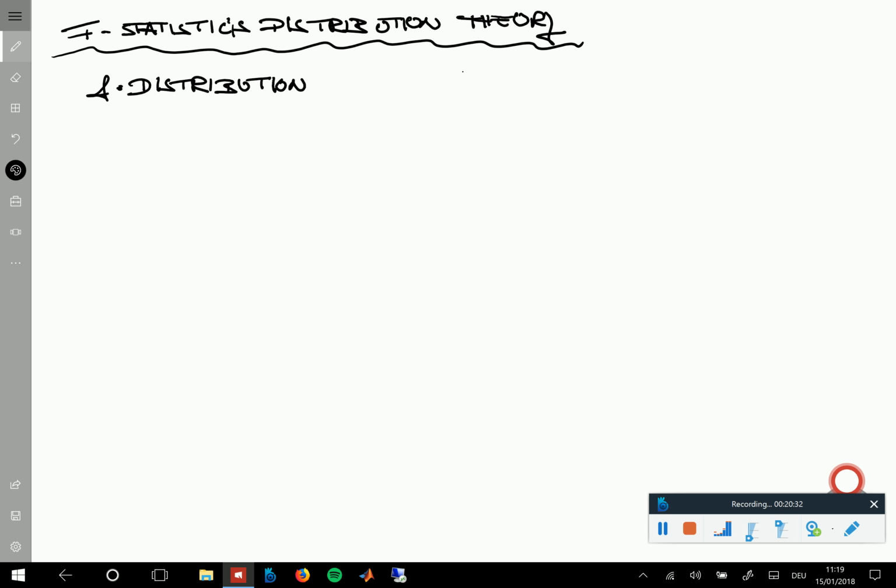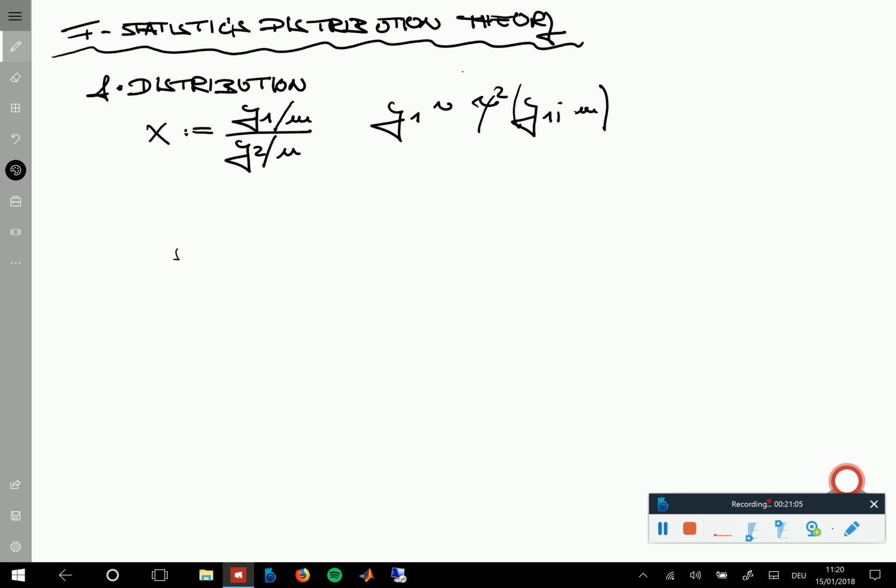The F distribution is the distribution of a random variable, let's call that x, which is defined again as a ratio of two random variables, namely y1 and y2, which are now not the data or anything, but specific random variables, namely y1 is a chi-squared distributed random variable with m degrees of freedom, and y2 is a chi-squared distributed random variable with m degrees of freedom.